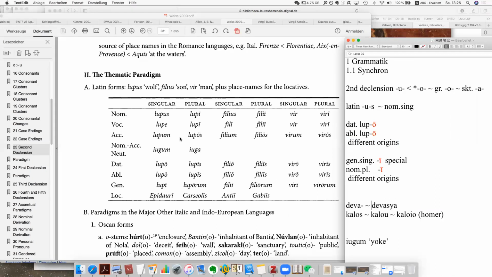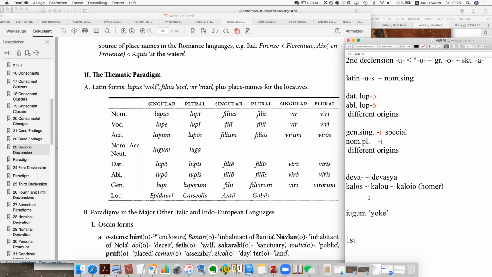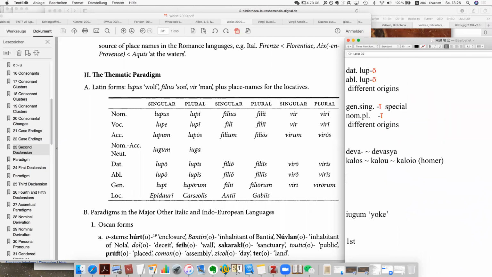Okay, and then you have this accusative, which really looks similar, because in Sanskrit, for deva, the accusative plural is called devan, right? And in Latin, you have lupos.